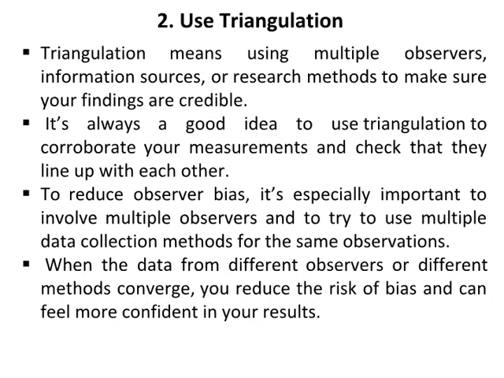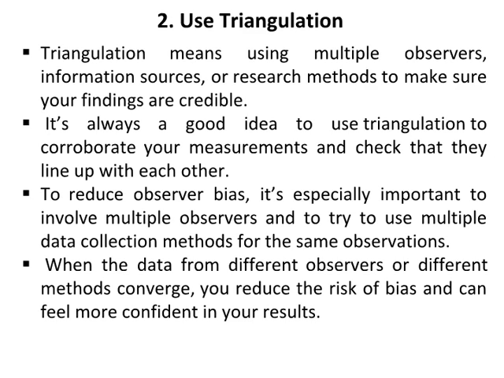Number 2 way of minimizing bias is use triangulation. Triangulation means using multiple observers, information sources, or research methods to make sure your findings are credible. It's always a good idea to use triangulation to corroborate your measurements and check that they line up with each other.